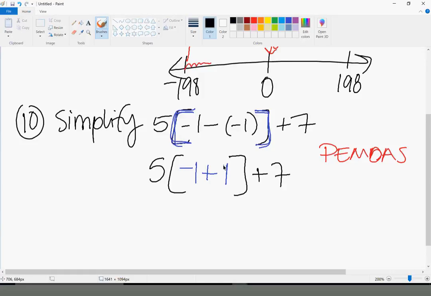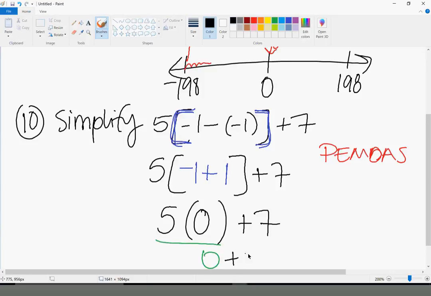So -1 plus 1 is actually 0. So now we have 5 times 0 plus 7. Now, from left to right, you check for any multiplication and division, and we have multiplication. So 5 times 0 is 0. We're going to bring down that plus 7. And then 0 plus 7 equals 7. So the final answer for that problem is 7.